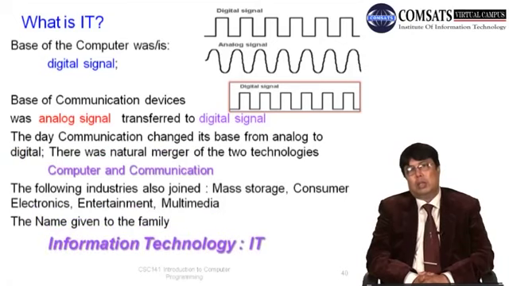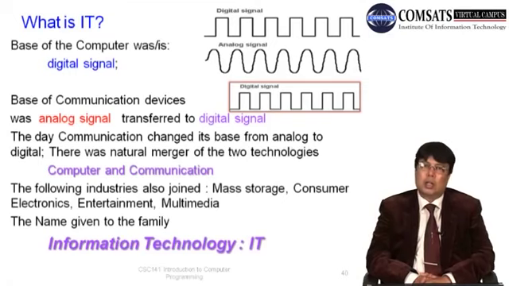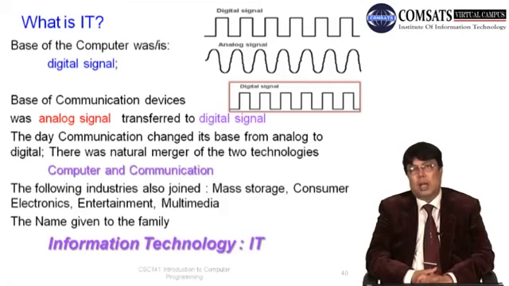So information technology is nothing but the combination of computers, communication and other related industries. Okay, so I hope now you know what is IT, and you know the difference between IT and computer science and IT and communication. Those were independent fields, but when we say IT, it means everything under one name and one technology, which is called information technology or IT.